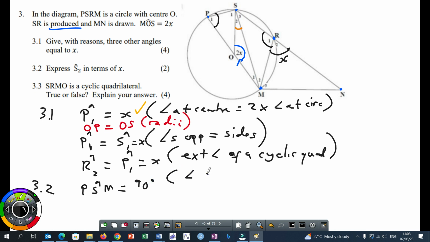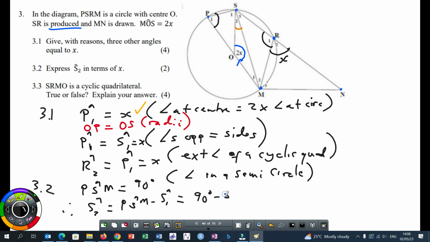Our reason will be angle in a semicircle. Okay? But we know already the value of S1, isn't it? So therefore, we can say S2 will be equal to PSM minus S1. And this will be equal to 90 degrees minus x. Okay? This is one way.